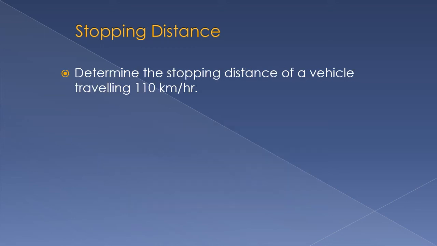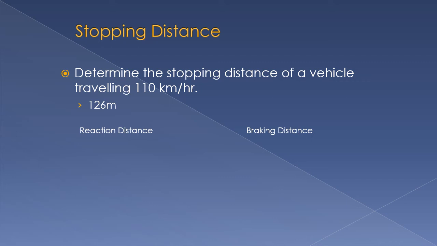So here's our practice question. We're going 110 kilometers an hour. We need to stop. What distance do we actually travel? If you want to practice, pause it now, try to get this answer. If not, let's work through it together and figure out stopping distance is made up of these two different distances.